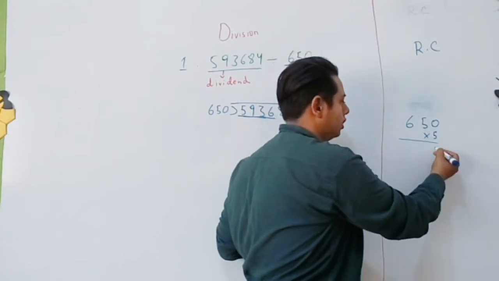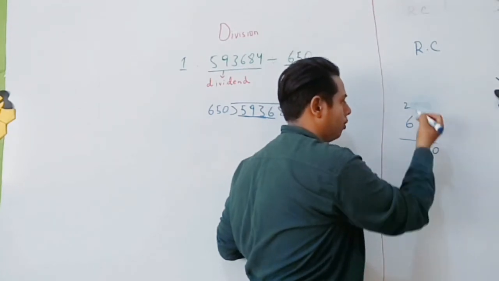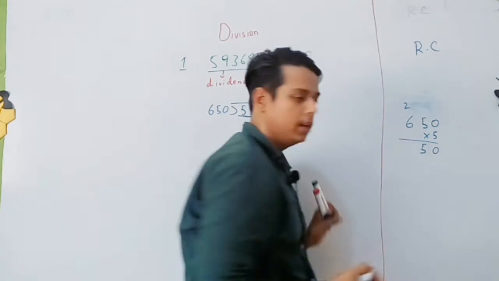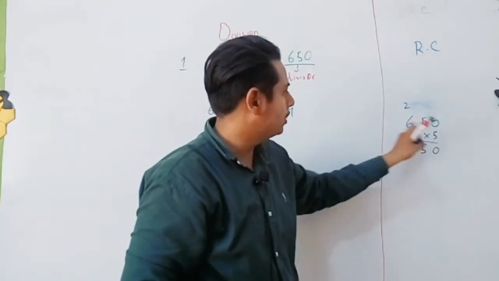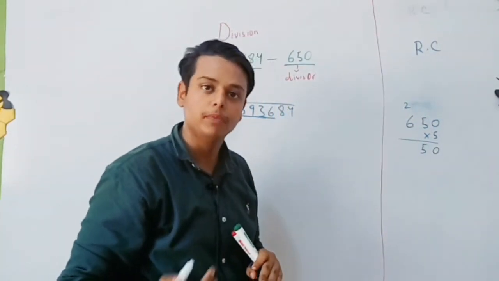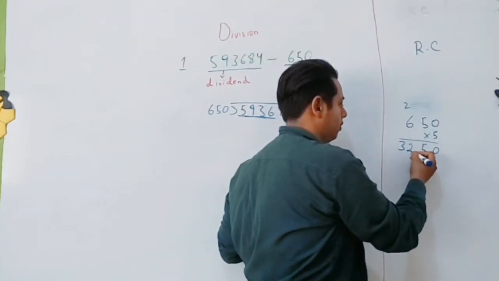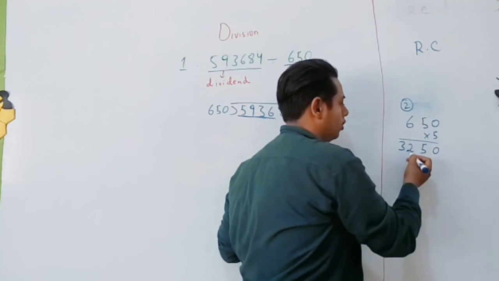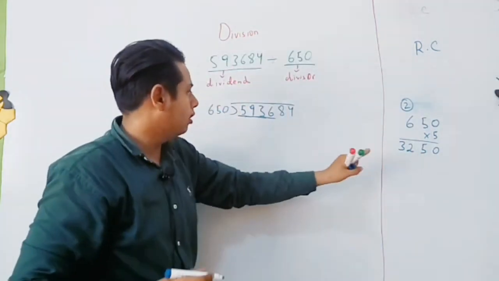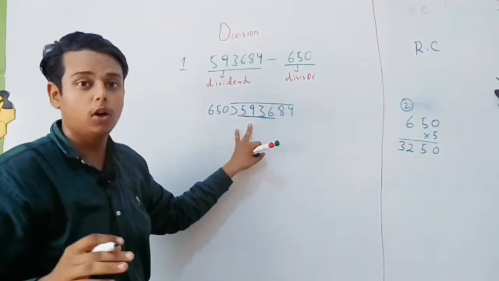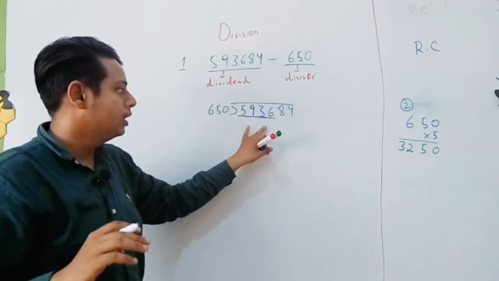Fine, you can use randomly as well or you can go one by one from the numbers. 5 zeros are 0, 5 fives are 25, 2 as a carry and 5 will come over here. Now 5 6s are 30. 30 plus 2, it will become 3250. 3250 is much smaller than 5936.